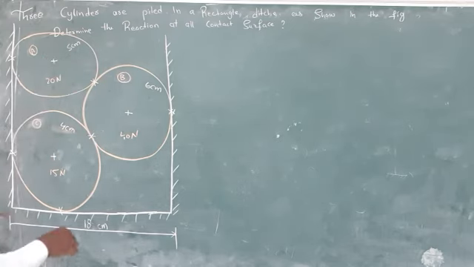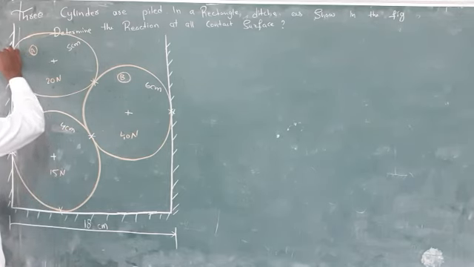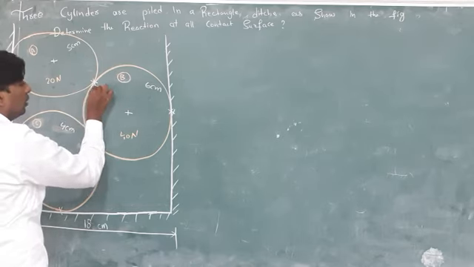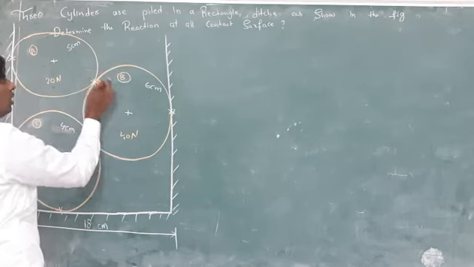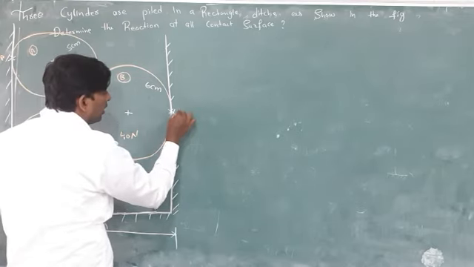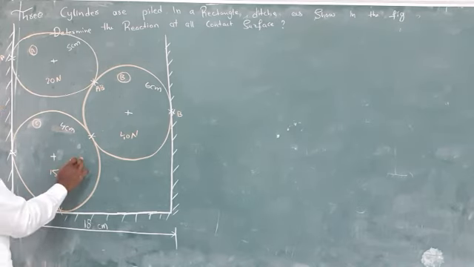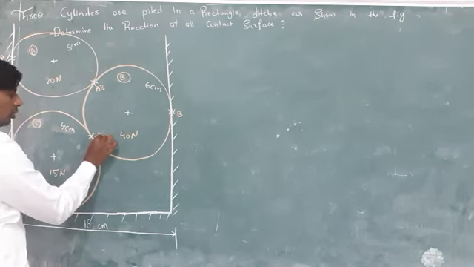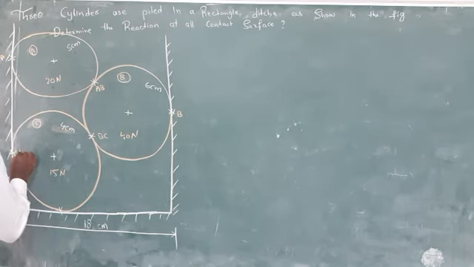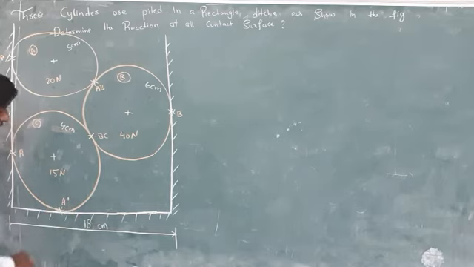Now this point you can take as A, and this point you can take as AB. Why take it as AB? Because it is lying between A and B. This point you can take as B, this point as BC, and here this point as A dash.